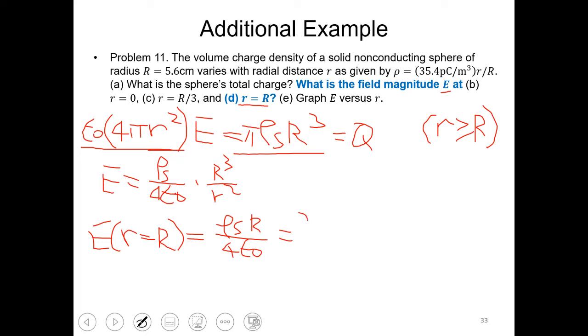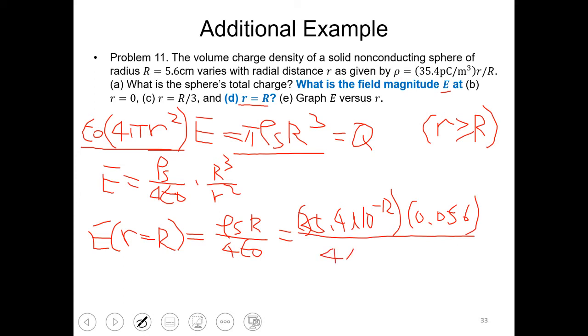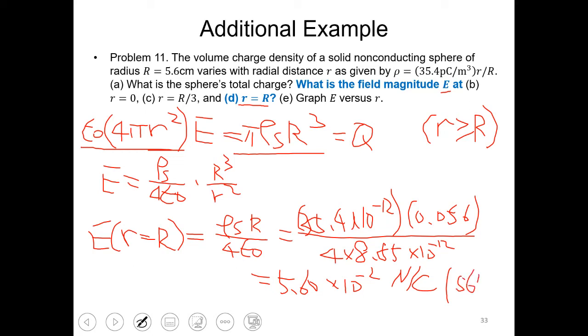So it will be 35.4 times 10 to the minus 12, times R, which is 0.056, over 4 times 8.85 times 10 to the minus 12. The answer will be 5.60 times 10 to the minus 2 Newton per coulomb, or you may write it as 56 milli-Newton per coulomb. Both are acceptable.